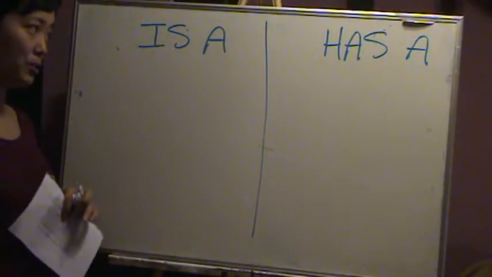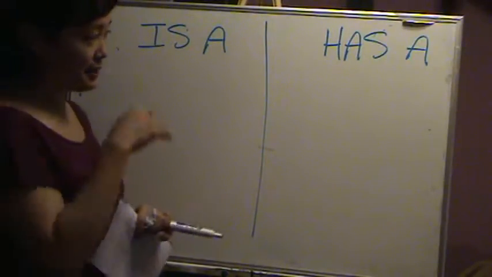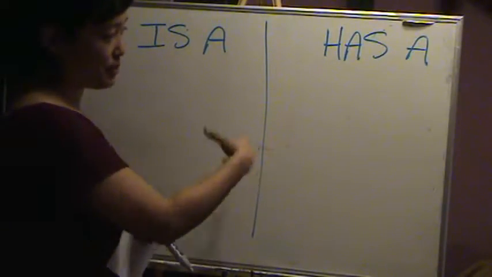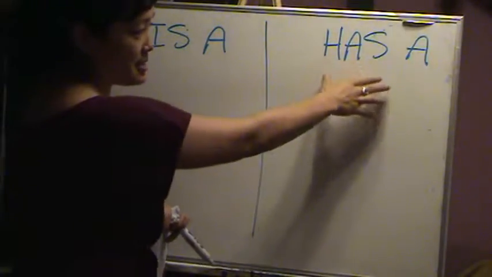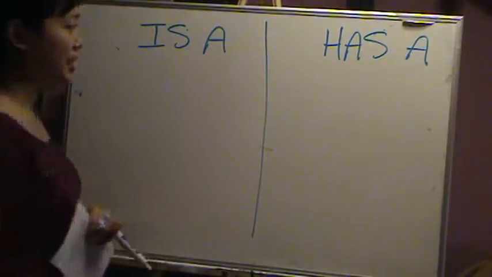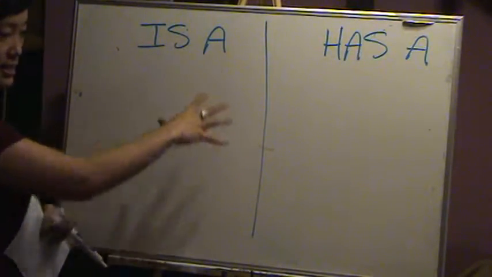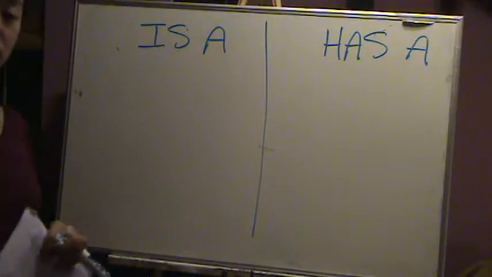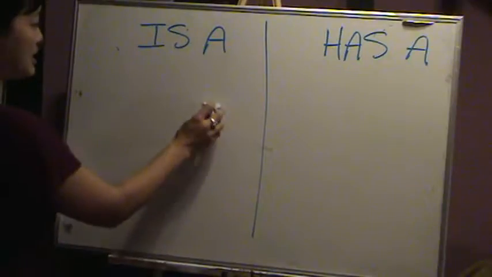We use them a lot with representing data, such as perhaps a table in a database has certain attributes, or a database is a subset of another type of database.